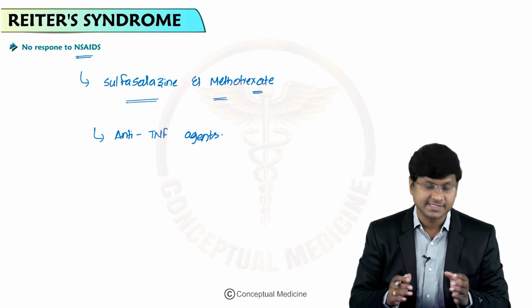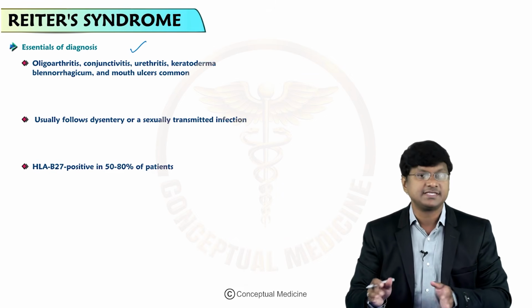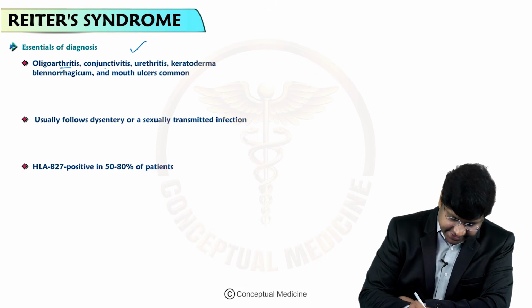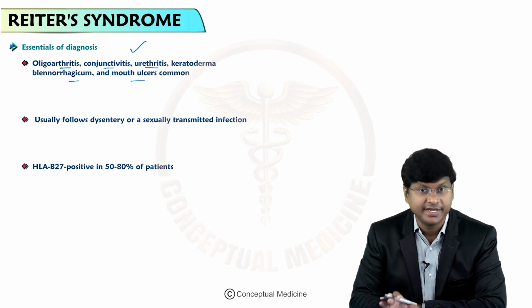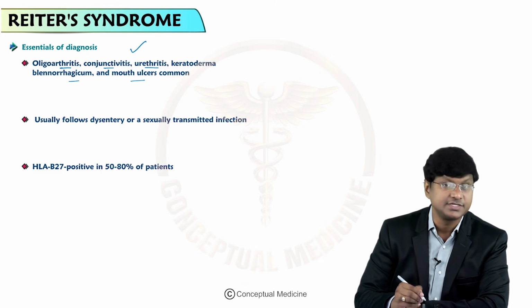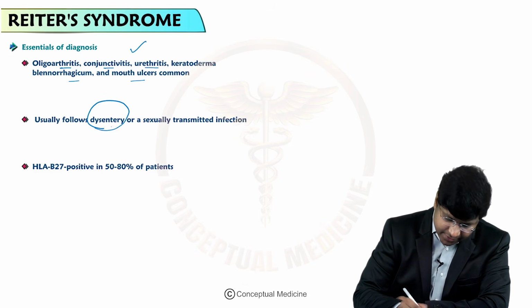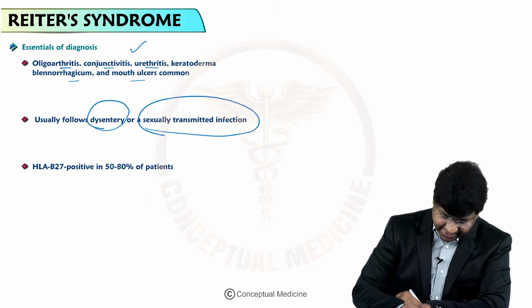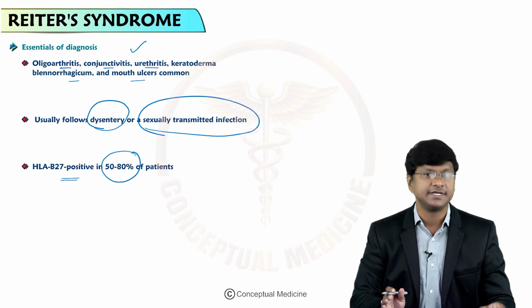So to summarize Reiter's or reactive arthritis, the essentials of diagnosis include oligoarthritis, conjunctivitis, urethritis, keratoderma blennorrhagicum and mouth ulcers. These are very common. Reiter's or reactive arthritis usually follows dysentery or a sexually transmitted infection, and HLA-B27 is positive in almost 50 to 80% of patients.